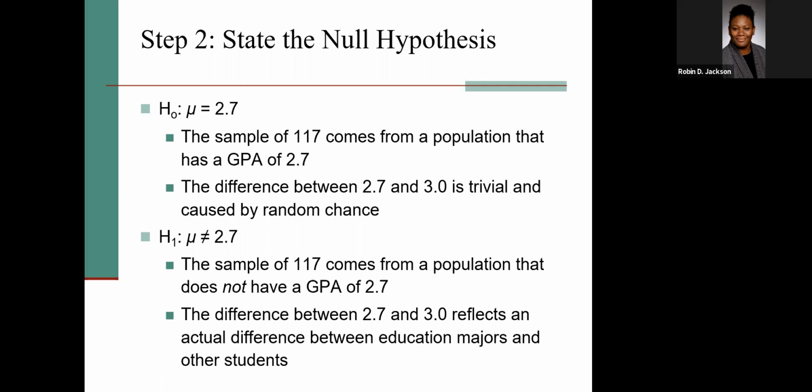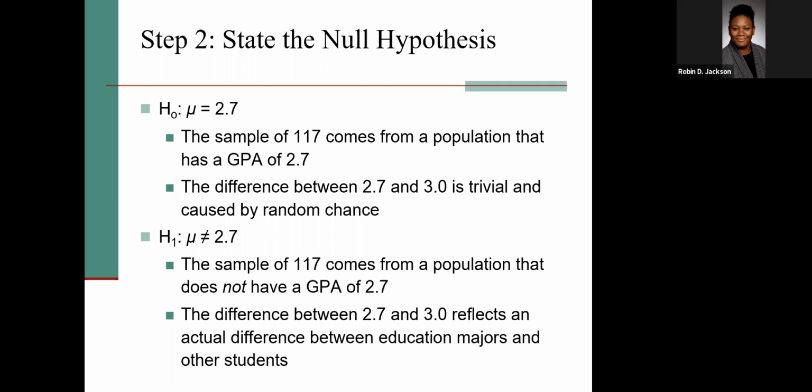Just to give a little explanation, as a recap, the null hypothesis states there's no difference between your two groups. In this instance, it was the education majors. So the null hypothesis is saying there's no difference between the education majors and all other students.